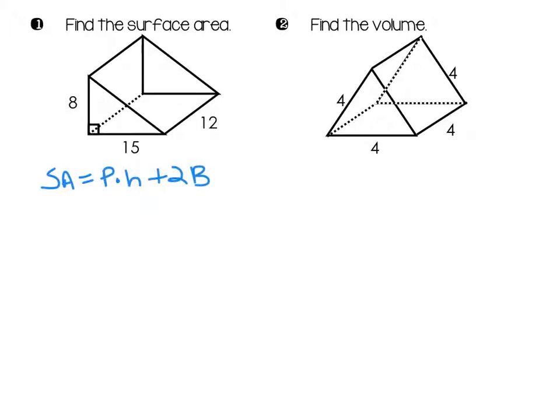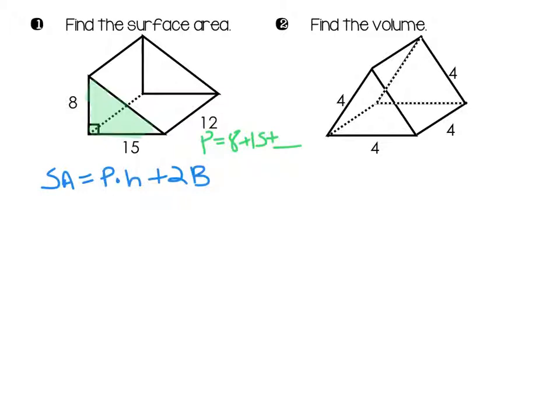So we want to use the triangle as our base. For me to find the perimeter of that shape, I obviously have the 8 and the 15, but I need what my hypotenuse is.